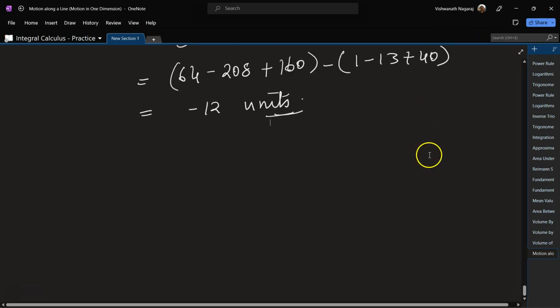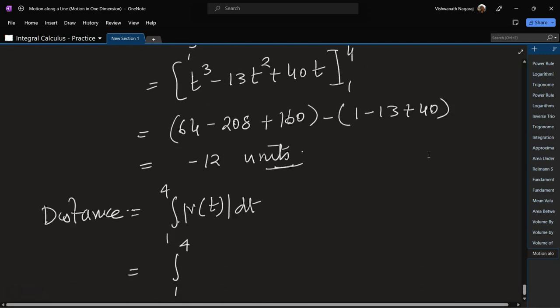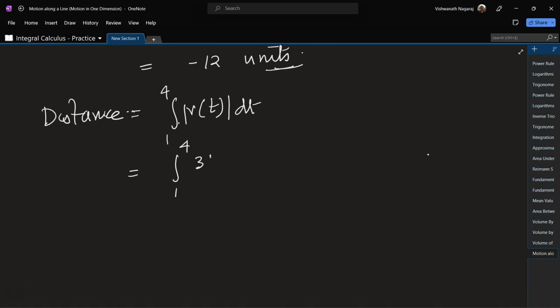Okay, then now we have to figure out the distance. So when we talk of distance, remember it is the integral of the absolute value of v of t dt, and we require it for 1 to 4, which is equal to the integral from 1 to 4 of the absolute value of 3t square minus 26t plus 40 dt.